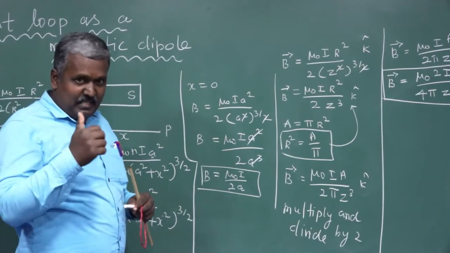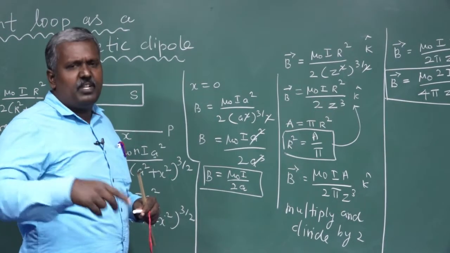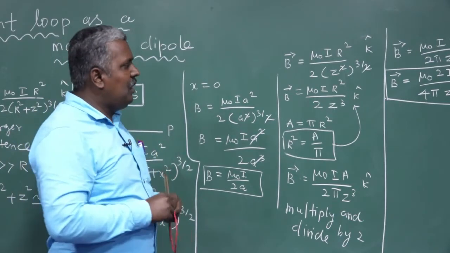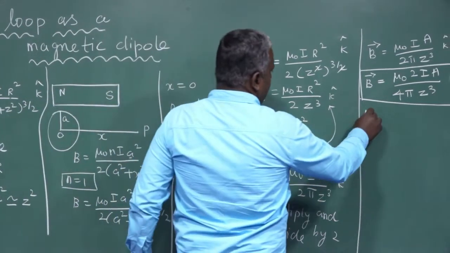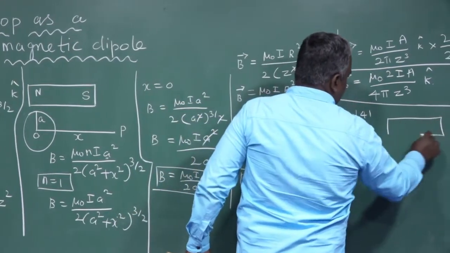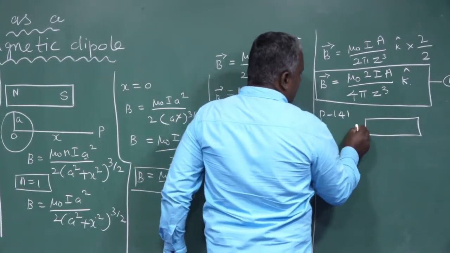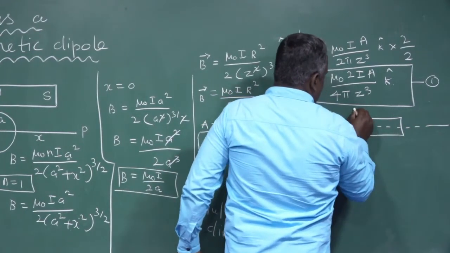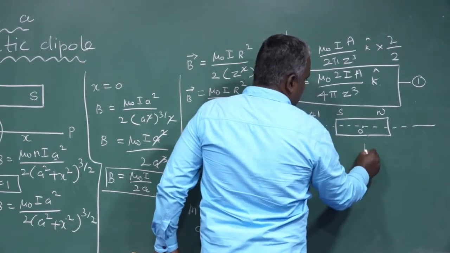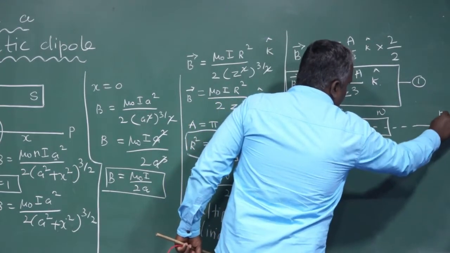I am correct or not? Yes. Page number 141 in our textbook, take and see. Magnetic field of the bar magnet. This is the south pole, this is the north pole, the center of the bar magnet.